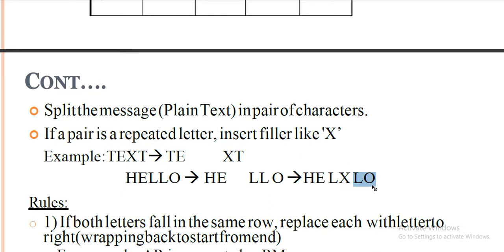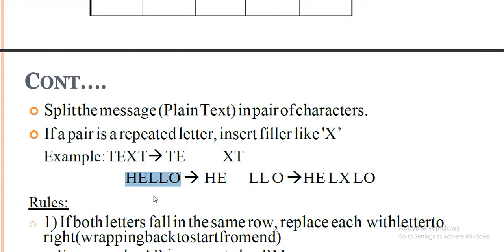So always, whatever plain text we have, if we are using the Playfair method, the first thing is that we need to go for pairs of characters. This is the example of pairs of characters. If we have an even number of alphabets, then we are able to create the pairs. This one is not an even number: HELLO, total 5 alphabets.